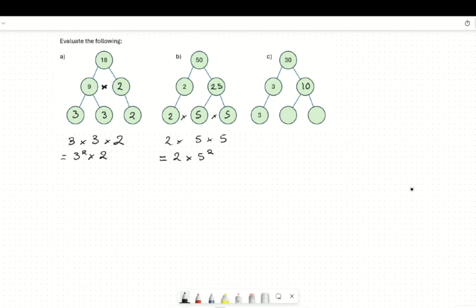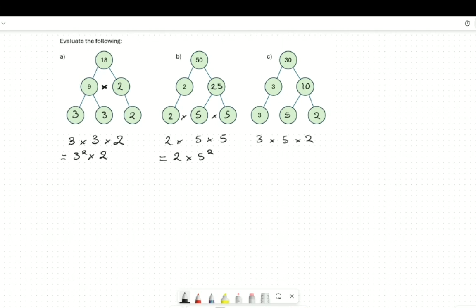Then we're left with 2 remaining spaces, and we know that 5 times 2 is 10. These are 3 prime numbers, and we can't break down any more of these. An easy way to tell when you're done, since you won't always be given these circles, is if you can't divide the number any further.